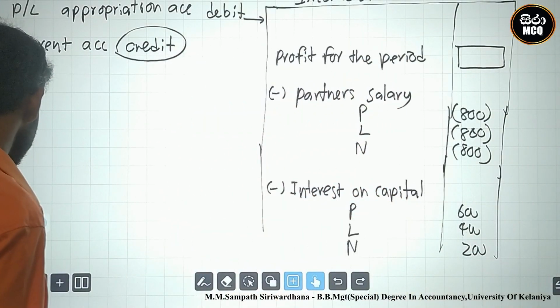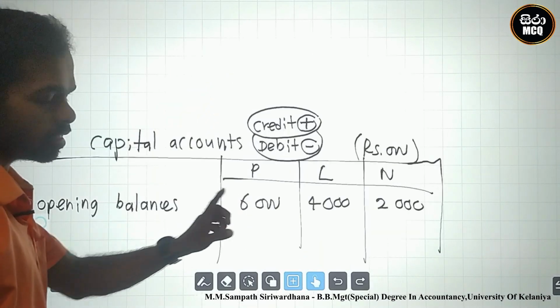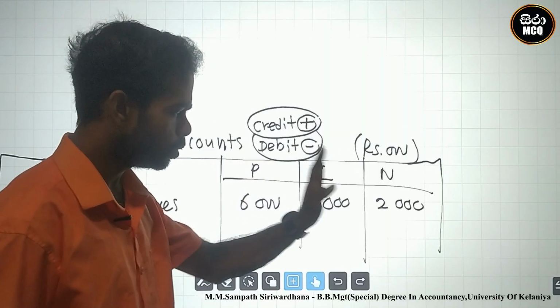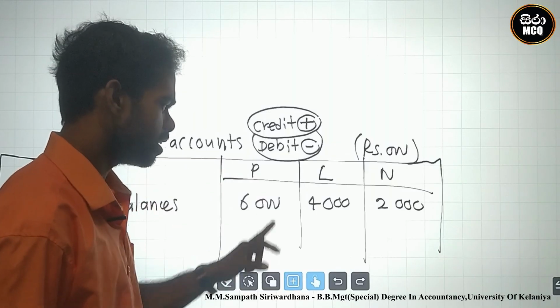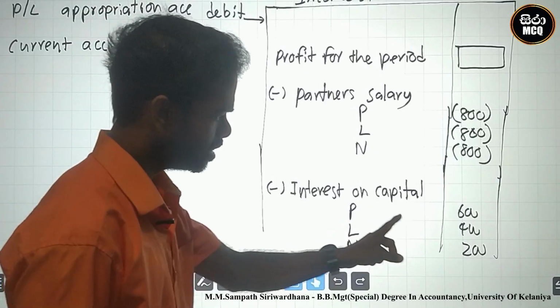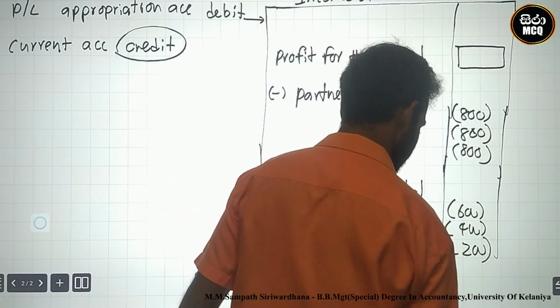What are the bases? 6,000 at 10%, 4,000 at 10%, 2,000 at 10%. What are the answers? 600, 400 and 200. Therefore, I write 600, 400 and 200. These are the deductions.